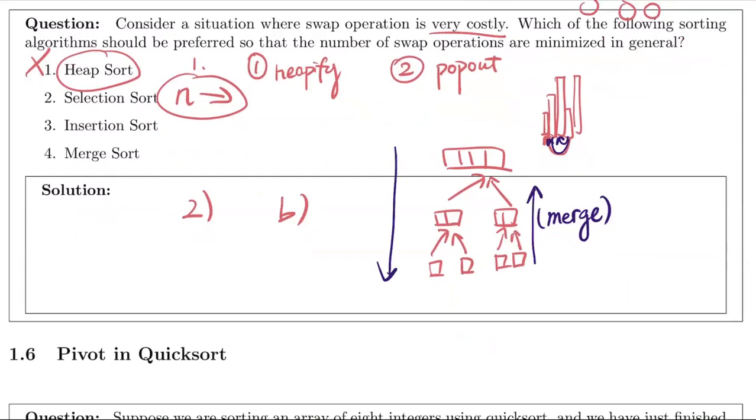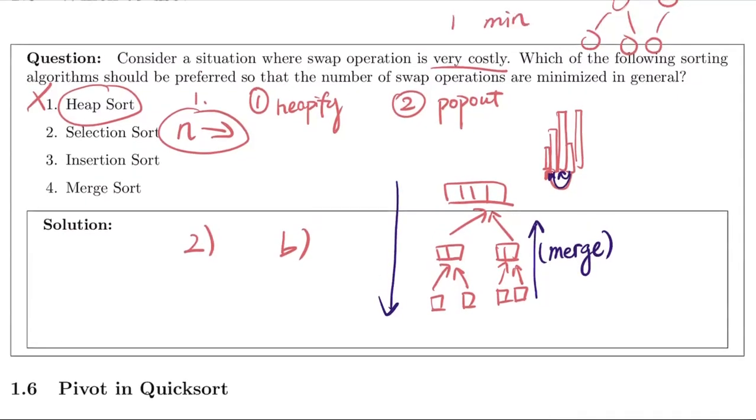The process of merging up you could think of as kind of like a swap operation, which is pretty costly in this definition. So I don't think merge sort is valid here, because merge sort creates new arrays and merges back.